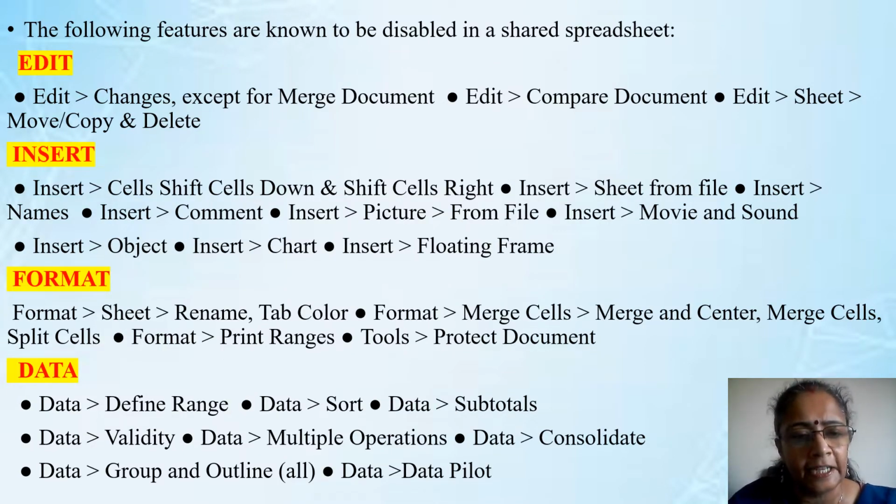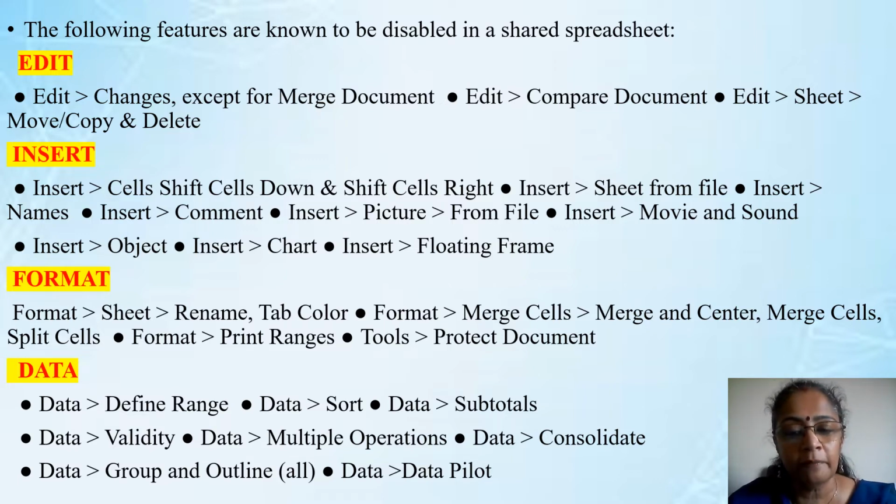First is the edit menu. In the edit menu, except for merge document, all the other changes are disabled. Compare document is disabled. Moving, copying and deleting sheets is disabled. Then in the insert menu, inserting new sheets, names, pictures, movies and sounds, objects and frames all get disabled automatically.